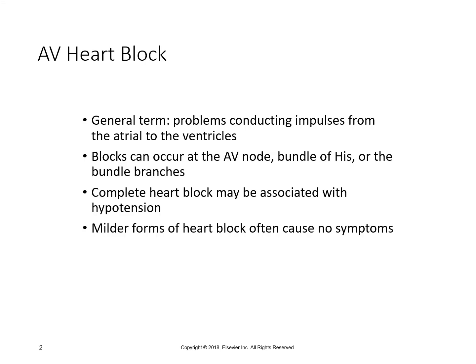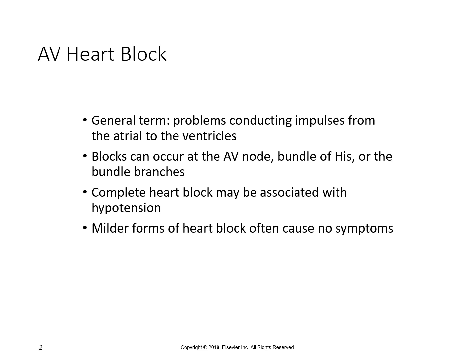Alright, so a heart block basically is when there's something that's impairing the impulses traveling through the heart. These blocks can happen at the AV node, bundle of His or bundle branch blocks, or complete heart block. They can be associated with hypotension, but some other milder forms really don't even cause symptoms.